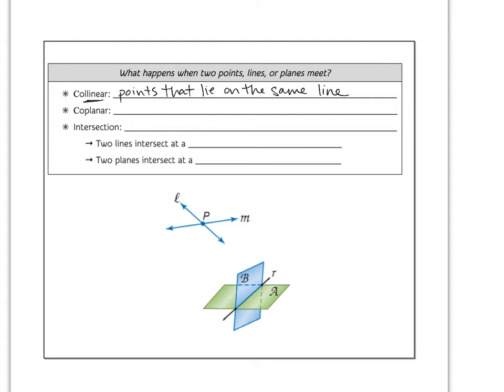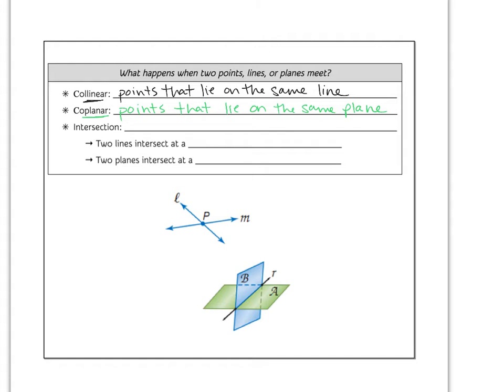Now, if points are coplanar, you can see here the word plane. And so points that are coplanar are points that lie on the same plane or the same flat surface. So you can kind of imagine points on the same line and points on the same flat surface.